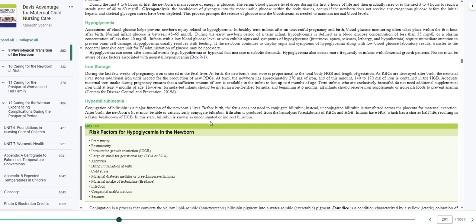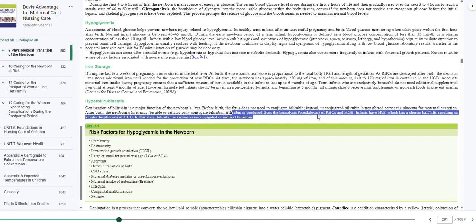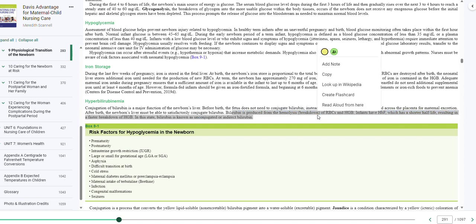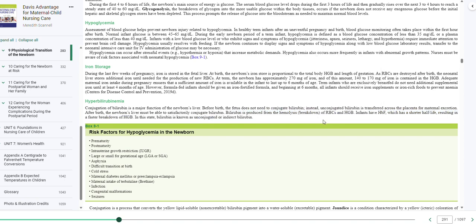I want you to look at the term hemolysis, okay? Bilirubin is produced from hemolysis, which is the breakdown of red blood cells and hemoglobin, okay? The HbF has a shorter half-life. It's the fetal hemoglobin factor, okay?